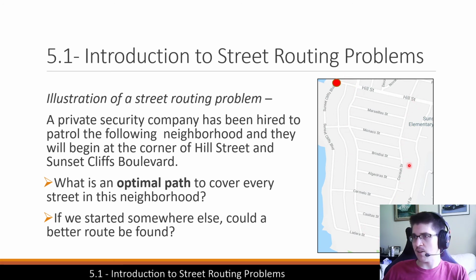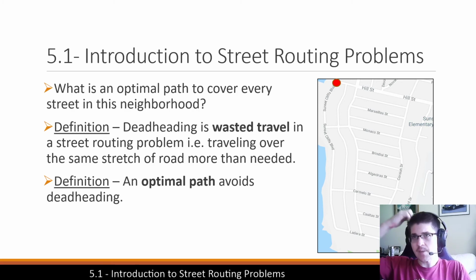So I've already hit all of this Corinth or whatever that street is, and I've hit this street as well. But if I was to weave my way through these other streets, I'm actually redoing some of the travel which I already did, and there's a little bit of wasted travel in this problem, and that's a term which we call deadheading.